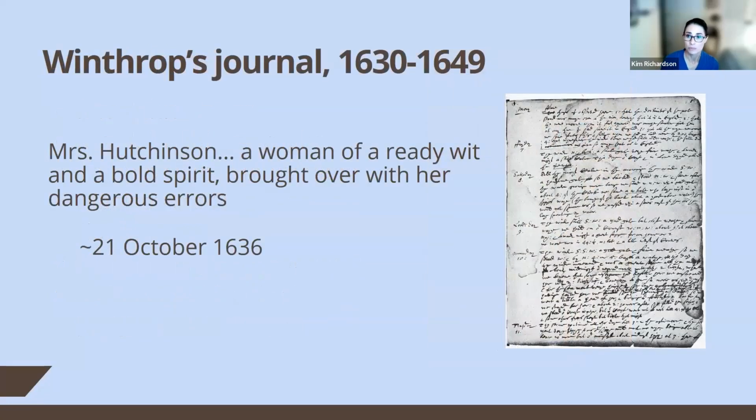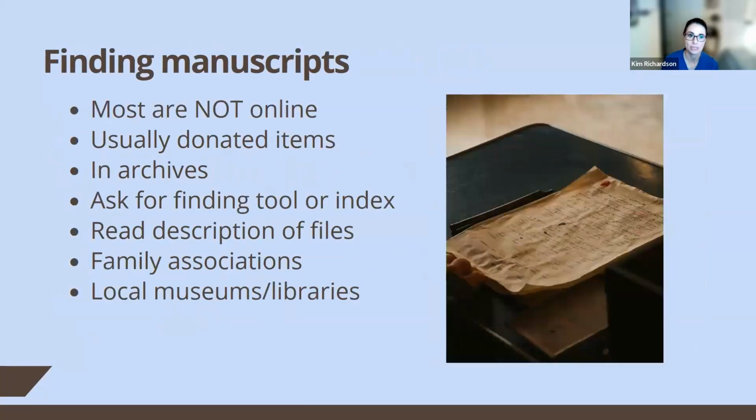Now, John Winthrop's journal that he kept notes her. He says that she was a woman of ready wit, bold spirit, but that she brought over with her some dangerous errors. Now, manuscripts can be very informative when you're doing research for the area's history and what's going on there.